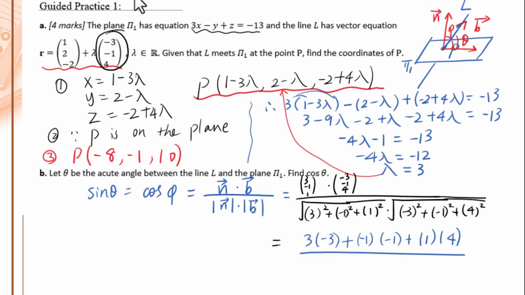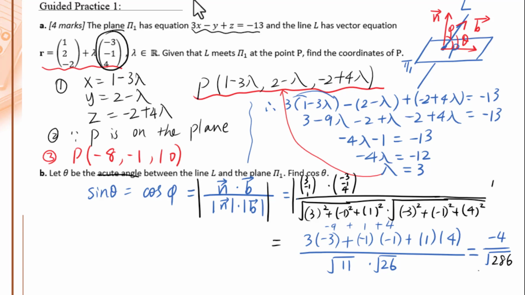Denominator: 9 plus 1 plus 1, square root of 11, times 9 plus 1 plus 16, square root of 26, equals negative 4 over square root of 286. Since theta is the acute angle, let's take an absolute value here. Equals 4 over square root of 286.